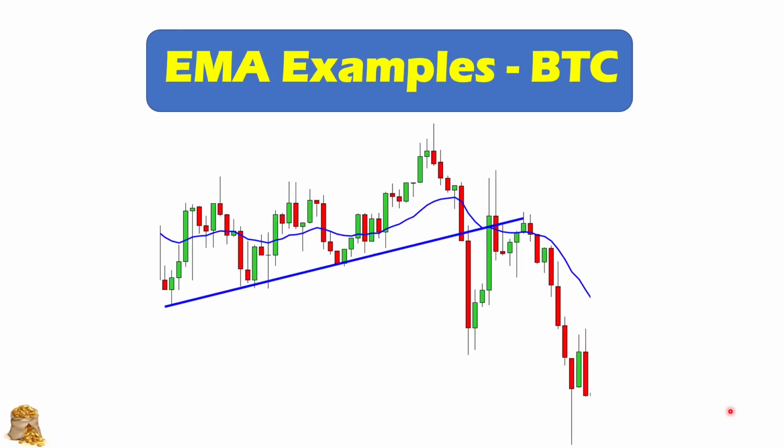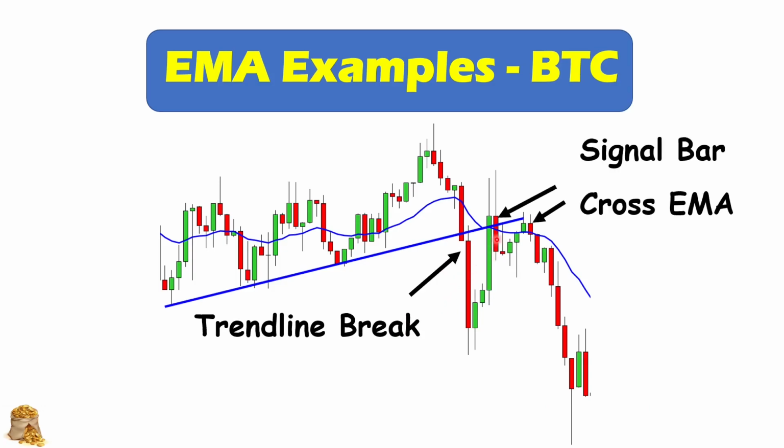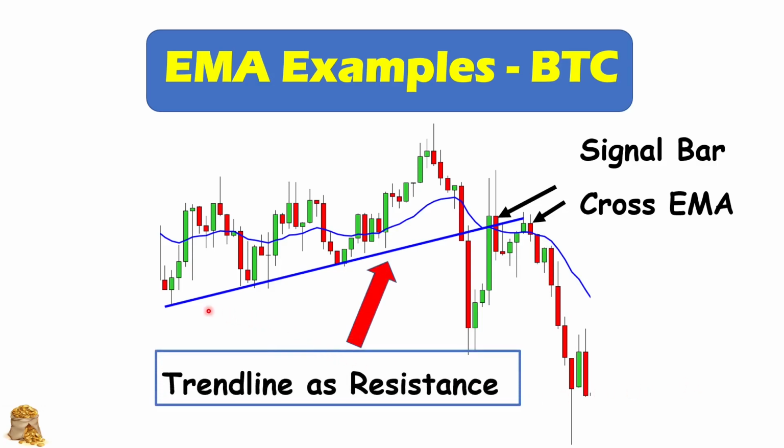Now let's have a look at the second example, the Bitcoin. The same situation. We have a trendline break here, and then we wait for the market to go back to the EMA as the resistance. Here comes 2 very good signal bars here, and then the market resumes downward. However, if we take a look at this chart from another angle, we can say that this trend line also serves as the support or resistance level as well.